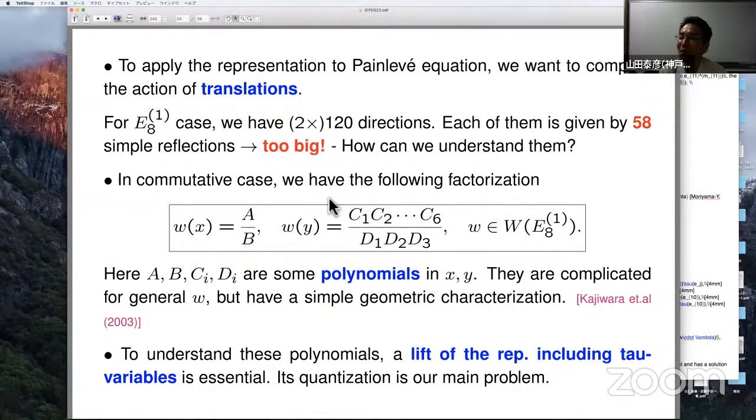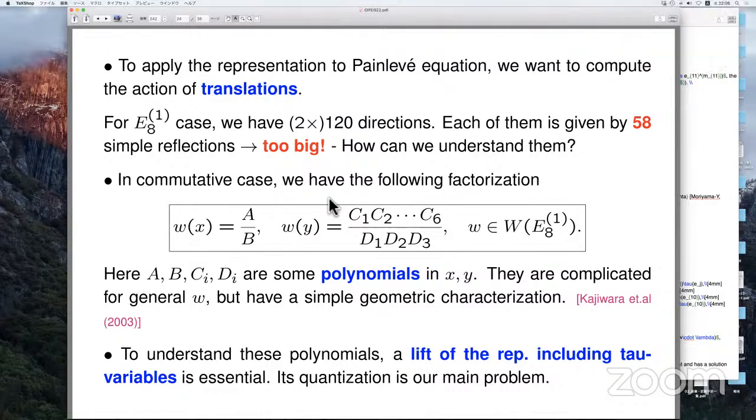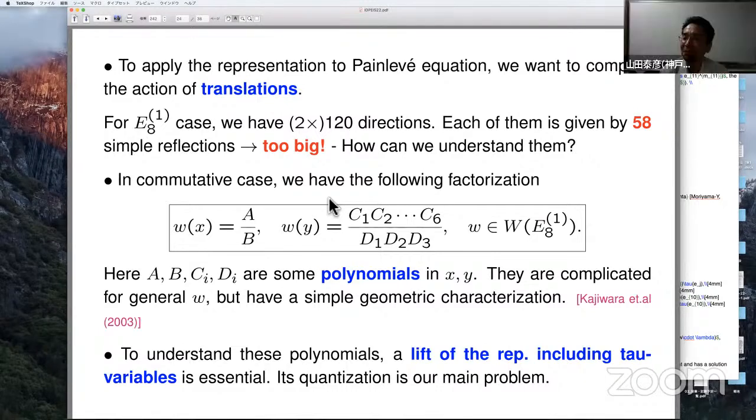They are commuting with each other. So maybe you could say that this direction corresponds to E8 roots. Yes. And the minimal translation in the E8 case is the root lattice.